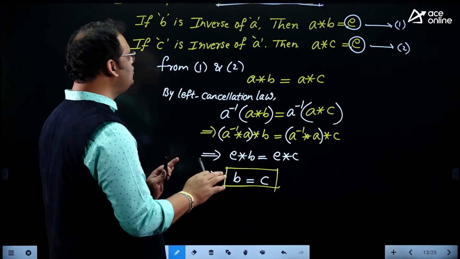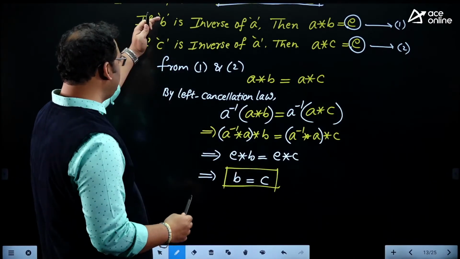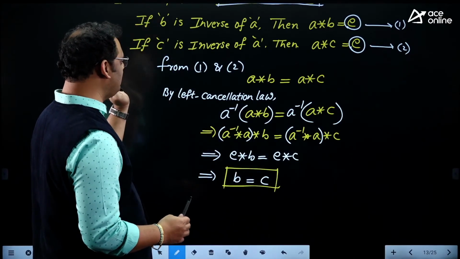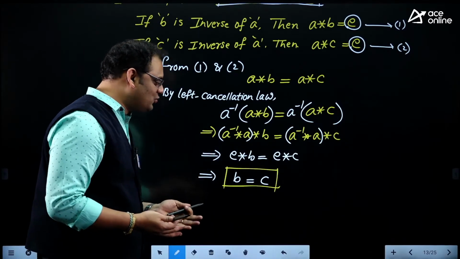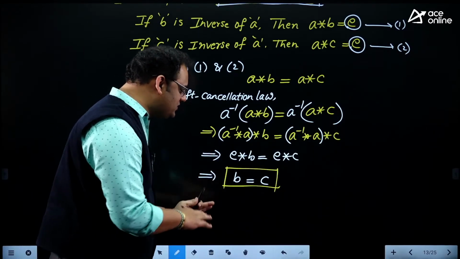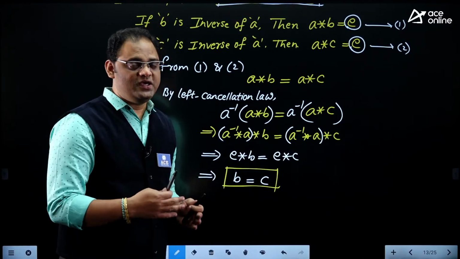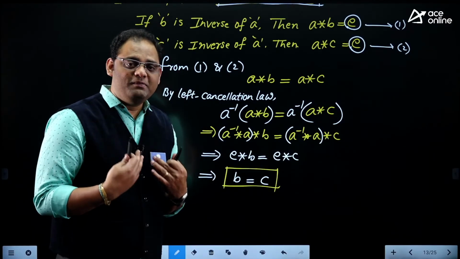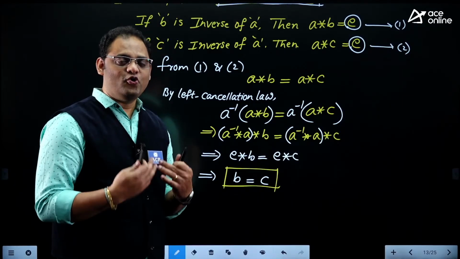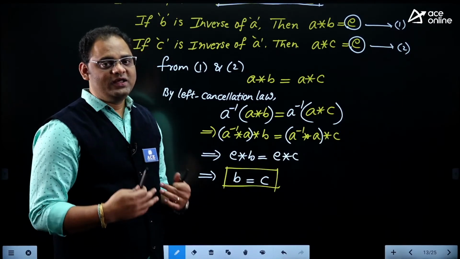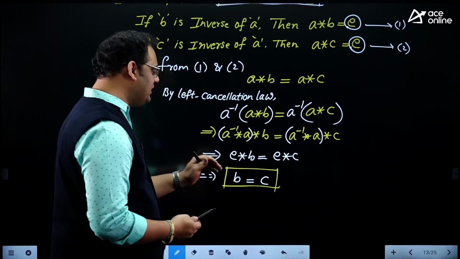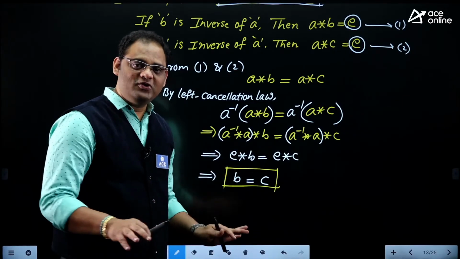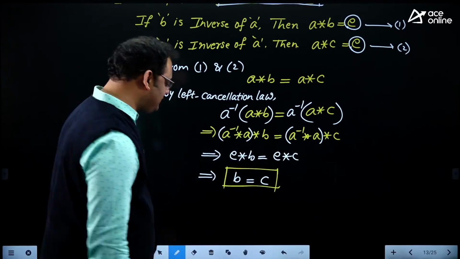I assumed that there are two inverses: B is one inverse, C is another inverse. But at the end of my process, what I got is that both inverse elements, B and C, are the same. B and C being the same means the element A has only one inverse element, that is a unique element, either B or C, because both are the same.